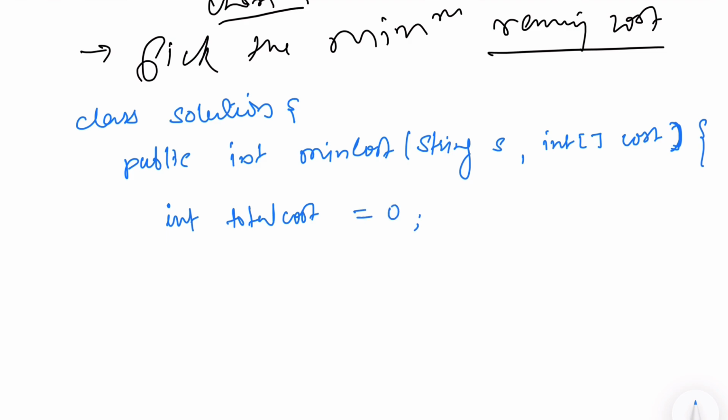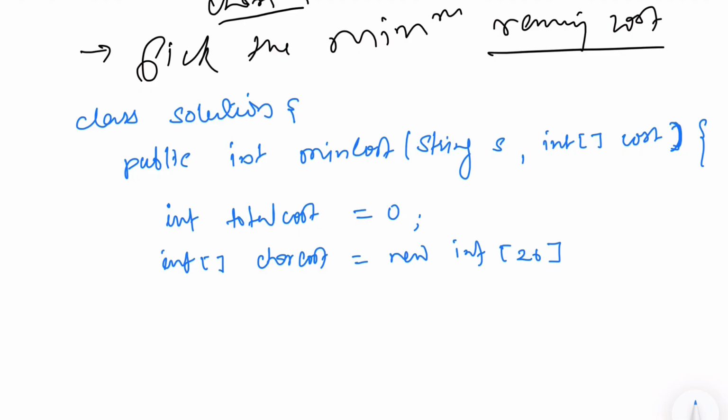Then we'll create an array of all the characters, the character cost. And we know that the total number of characters is 26, A to Z, right? So for 26 characters from A to Z, we'll take an integer array and find all the character costs.